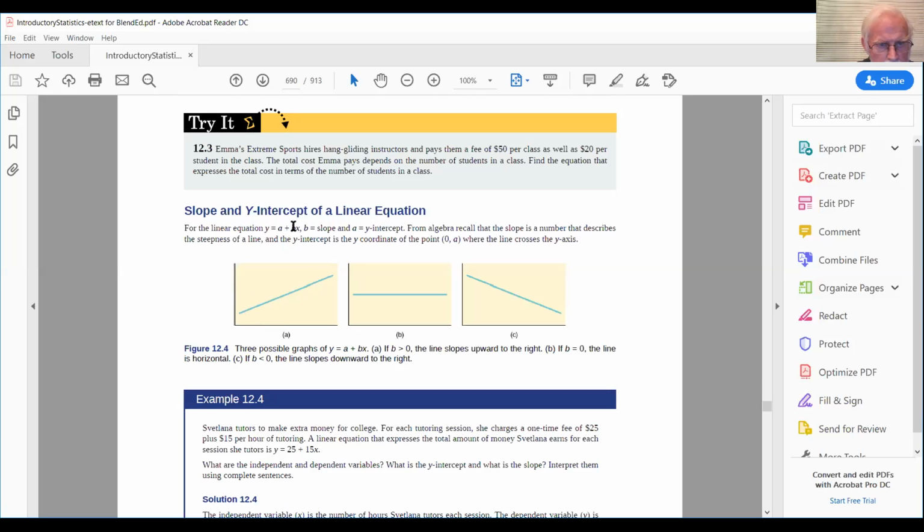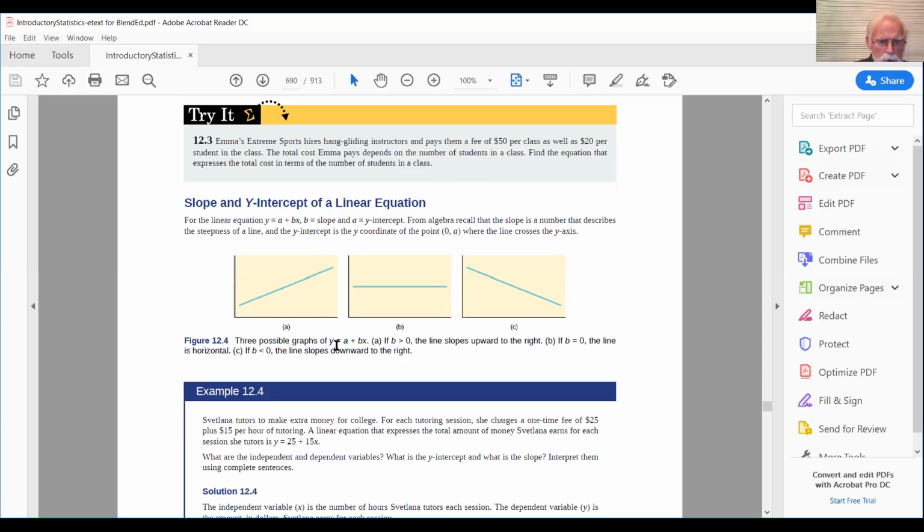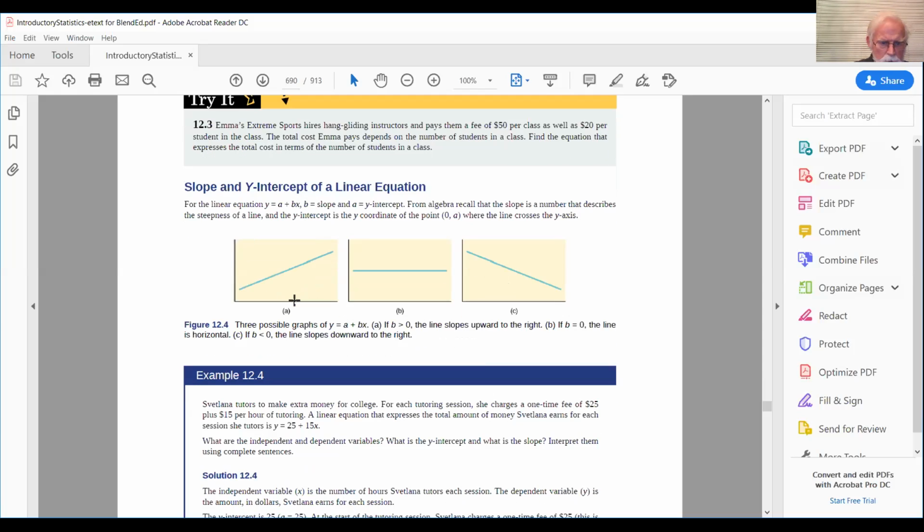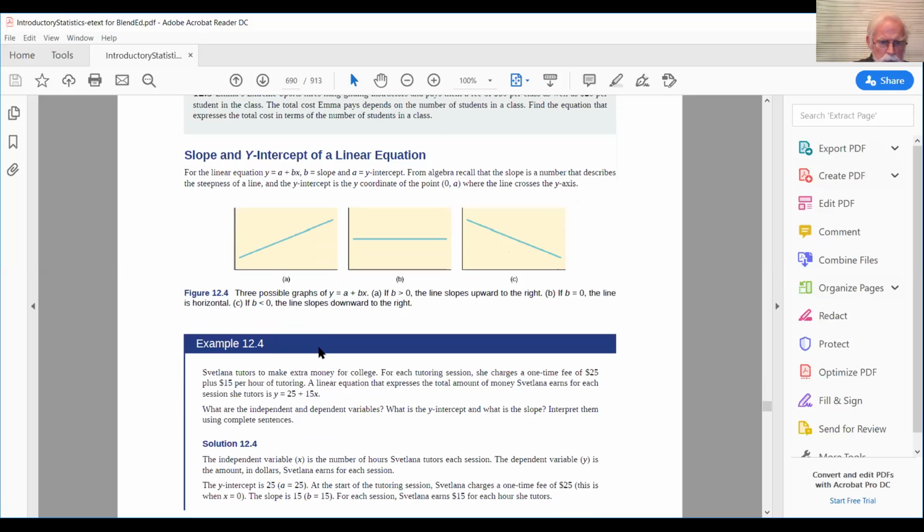We know the slope, and so we can calculate what the second point is going to be. We can do that very quickly by setting x equal to 0.